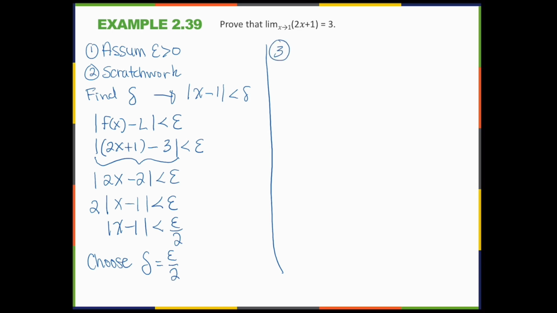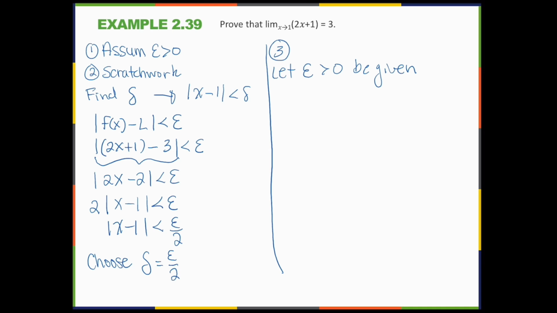Now step 3 is where we actually write the proof. The first step when we write the proof, we want to say, let epsilon greater than 0 be given.